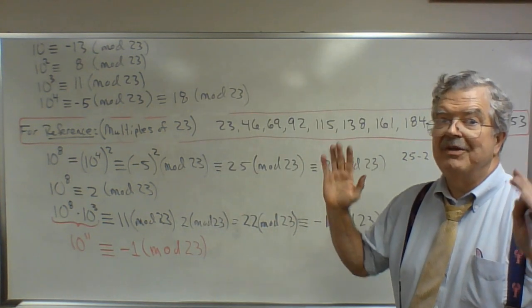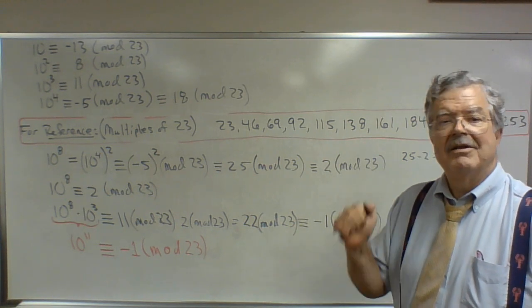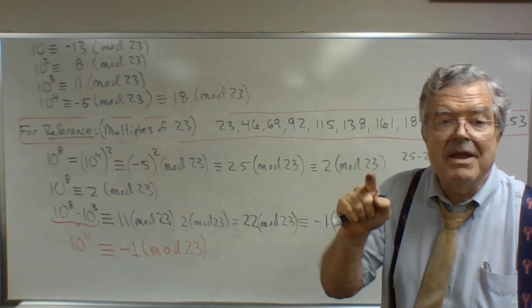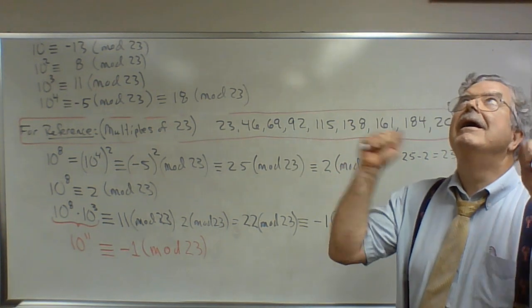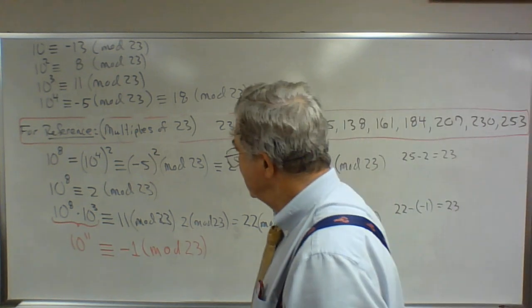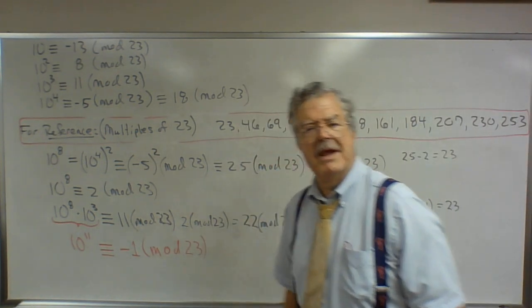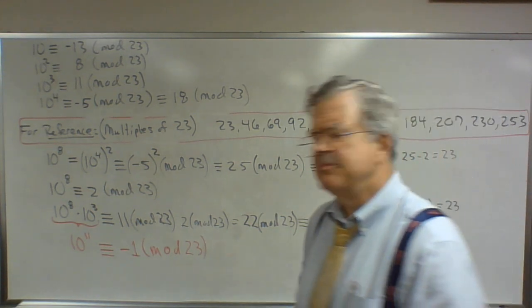We're almost there. If I get something that gives me 1 mod 23, I'll have this thing whipped. Well, how do I get 1 from negative 1? Just square negative 1, right?